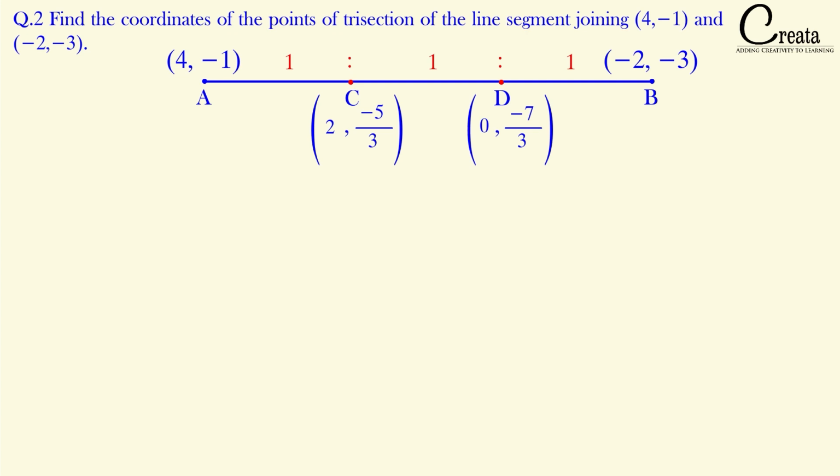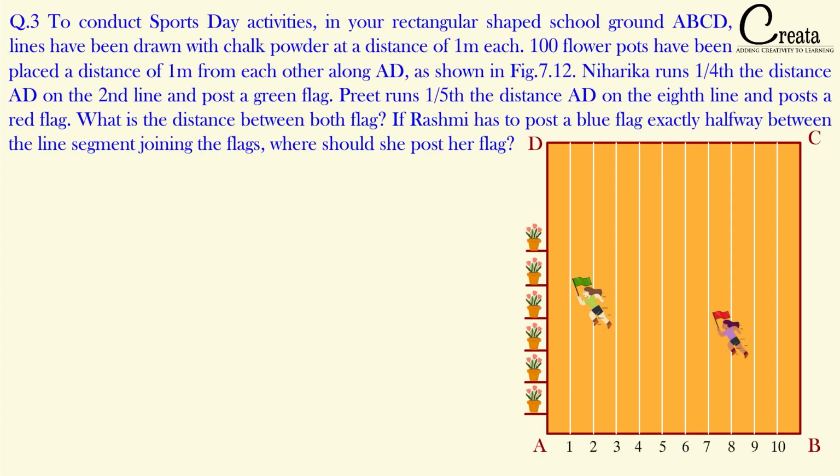Let's move to question number 3. Question number 3 is: to conduct a sports day activity in your rectangular-shaped school ground ABCD, lines have been drawn with chalk powder at a distance of 1 meter each. 100 flower pots have been placed at a distance of 1 meter from each other along AD as shown in figure 7.12.